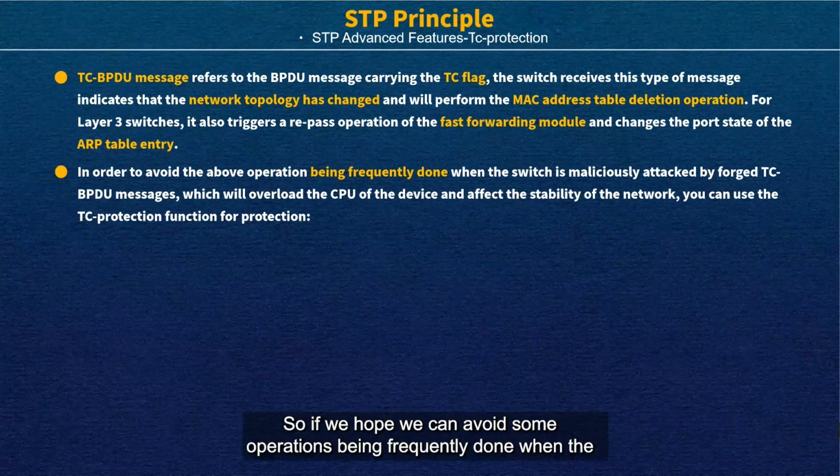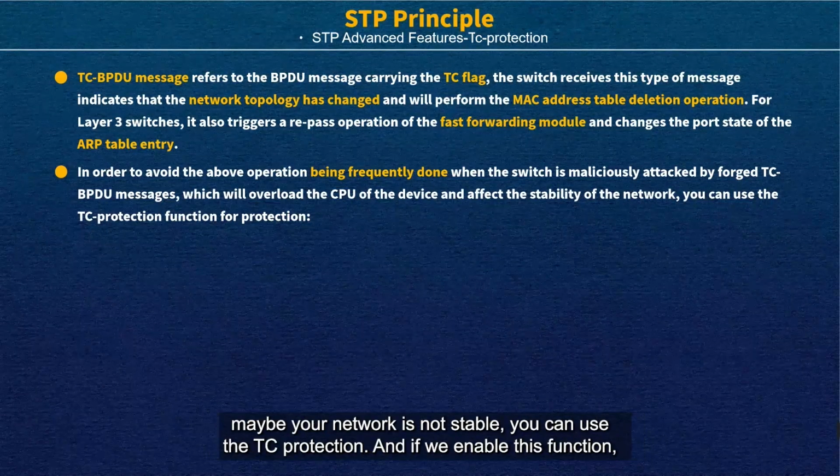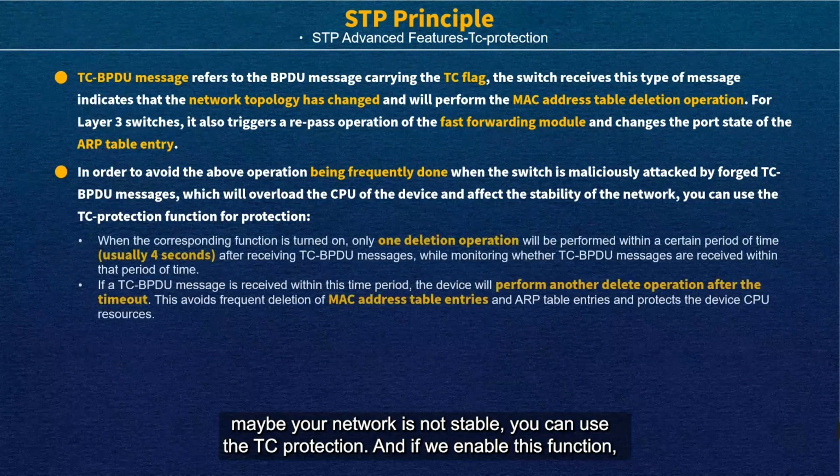So we hope we can avoid the above operations being frequently done when the switch is attacked by special TC BPDU messages, which finally makes the CPU overloaded or your network unstable. You can use the TC protection.